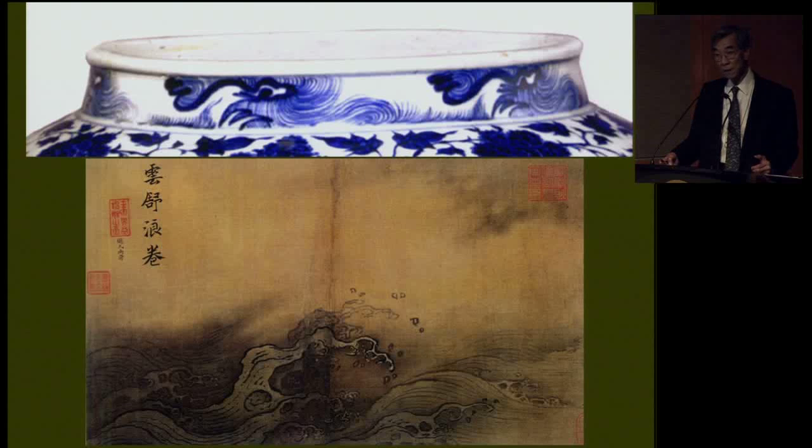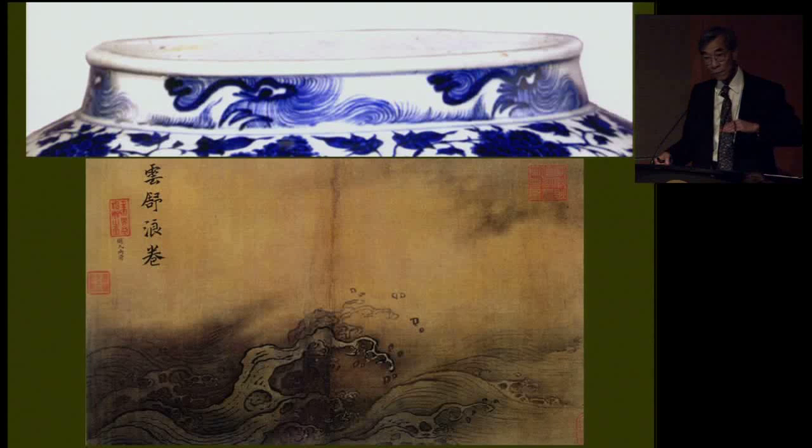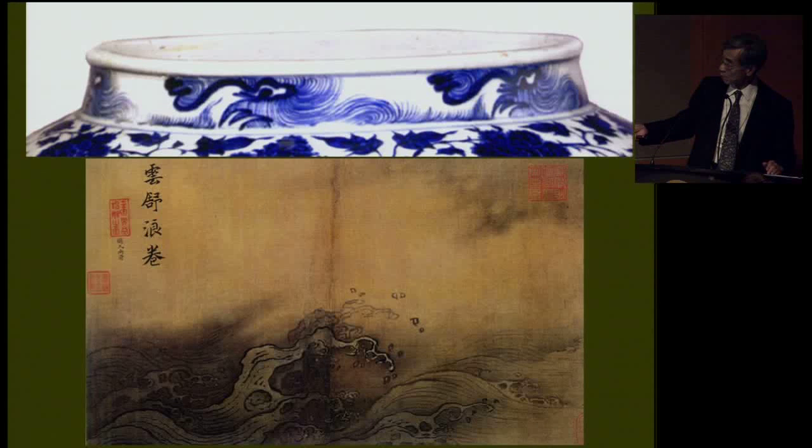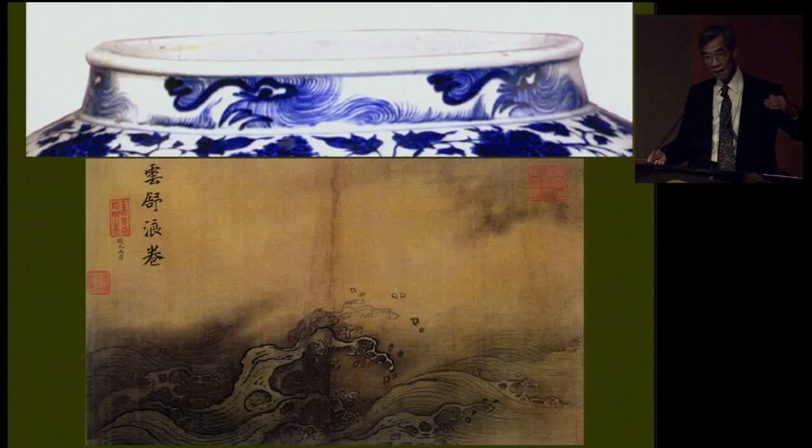And not only would you find paintings of water in its various states, from more or less calm, gentle ripples to big breakers, in every mood you have paintings of, and you would find it not only painted on paper and silk, but you also find the same pattern on screens and on the walls of buildings.